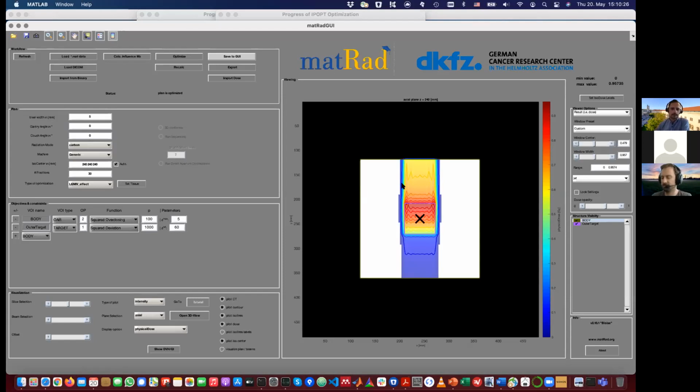Now, for whatever reason, for instance, I have a new tumor that has a different radiosensitivity, and let's model this here also in matRad.